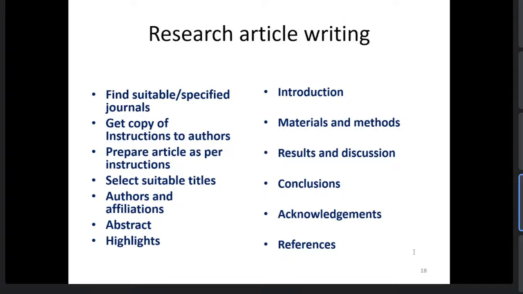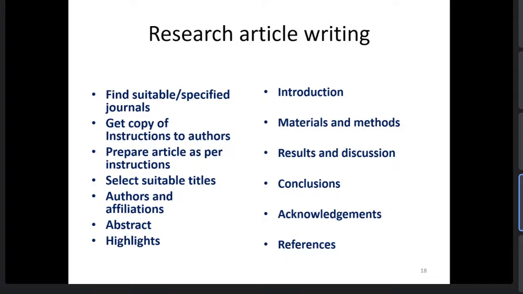It is expected that many of the participants are already aware of how to write a research article. In any research article there must be five to six sections. First, introduction, materials and methods, results and discussion, conclusion, acknowledgement, references.